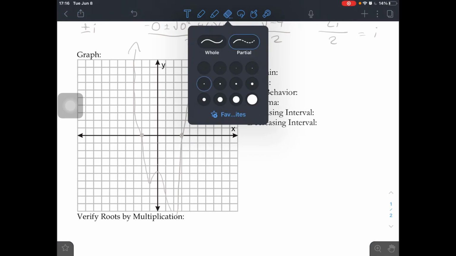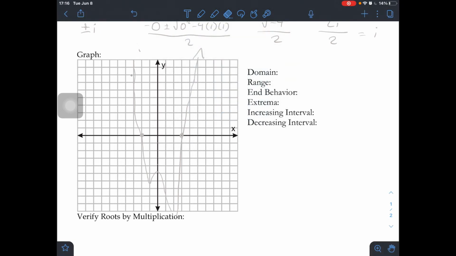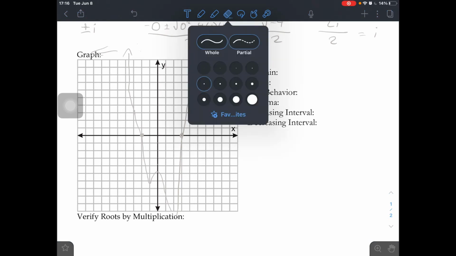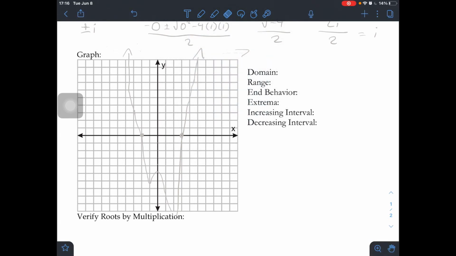Let me make it so that this is not a straight vertical line. That's better. Alright, so basically the domain here, as you can see, this extends out here and this extends out here. So our domain is going to be all real numbers.